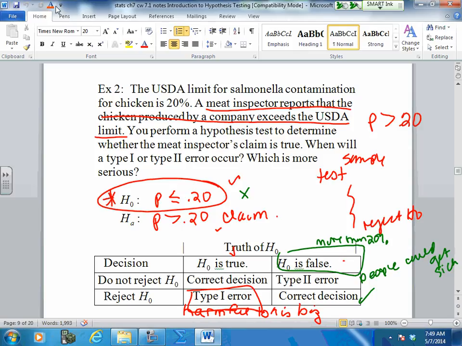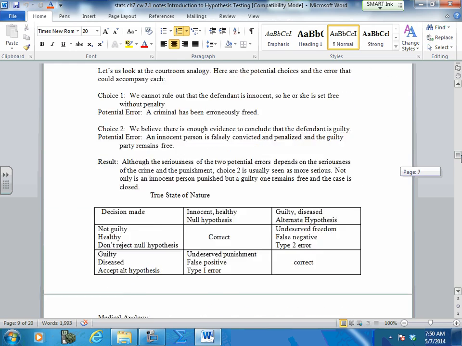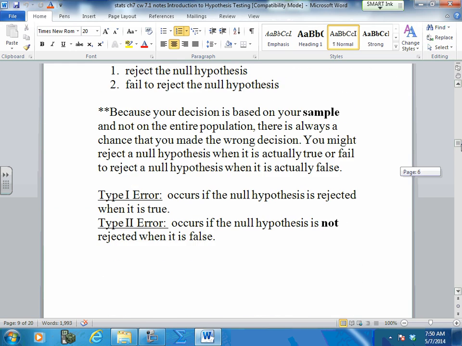Now, what I think is confusing you guys is when I say true and when I say false. We don't know when we test it if it's true or false. You have to test one shot. Well, no, you use your data to test. Back here, watch. Guys, this piece right here is so important because your decision is based on your sample.